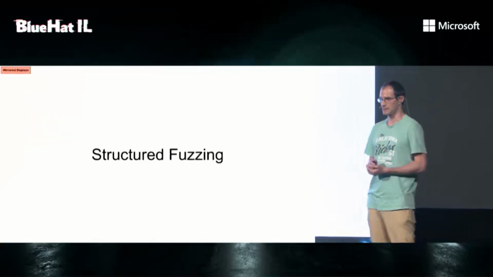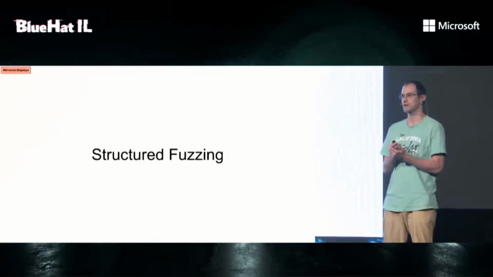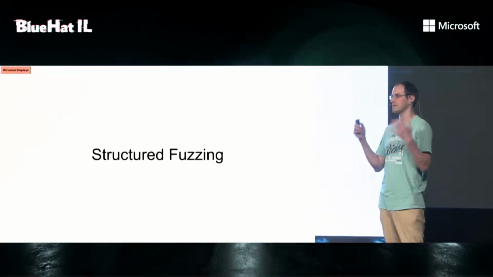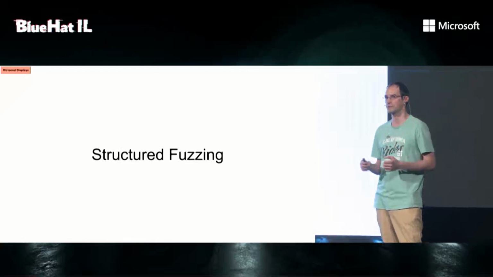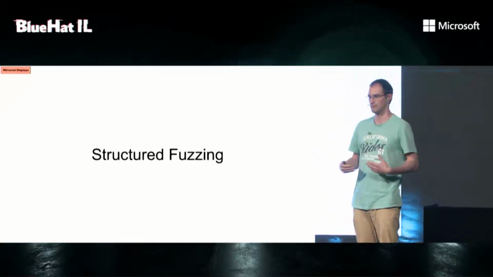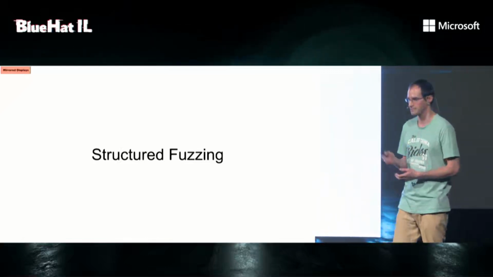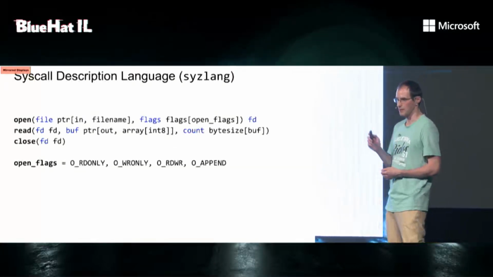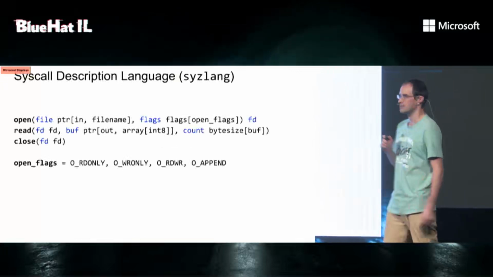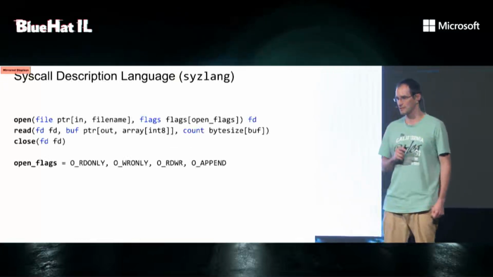So we decided to go with the approach called structured fuzzing. Structured fuzzing is when the fuzzer actually knows about the structure of the input and can do much more sensible mutation of the input. We started with the system call description language, which we now call syslang.